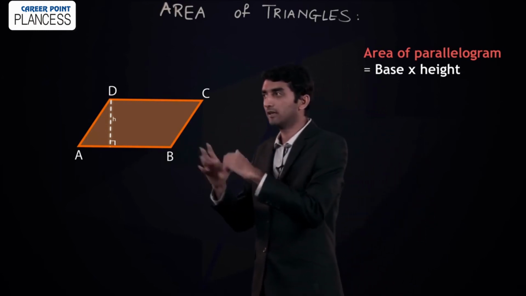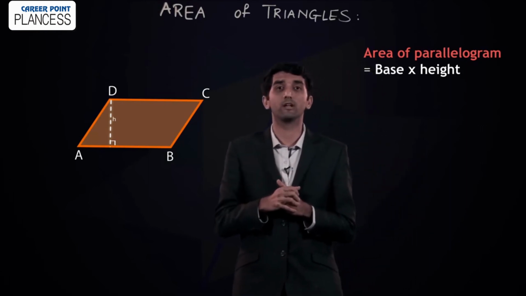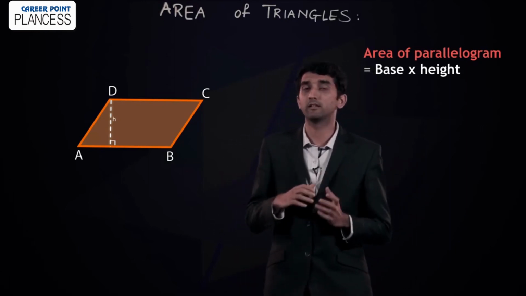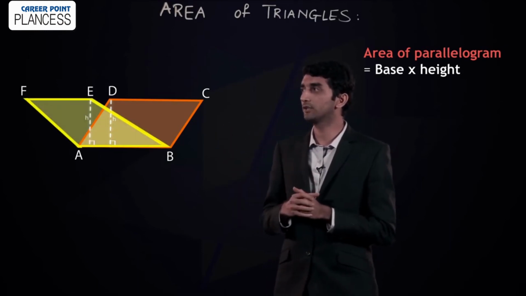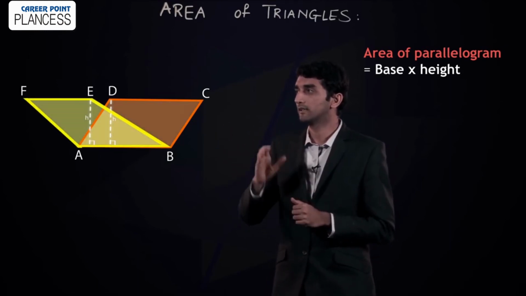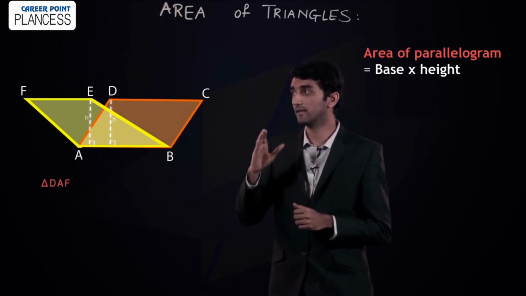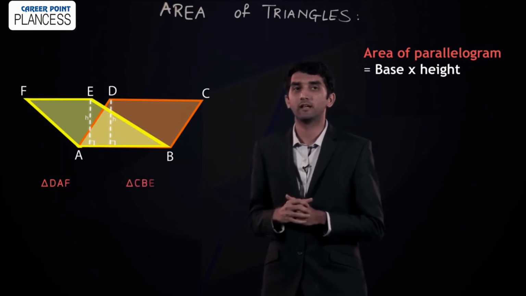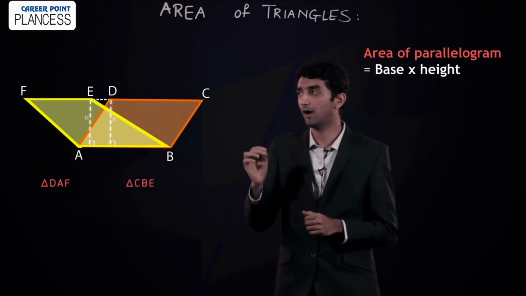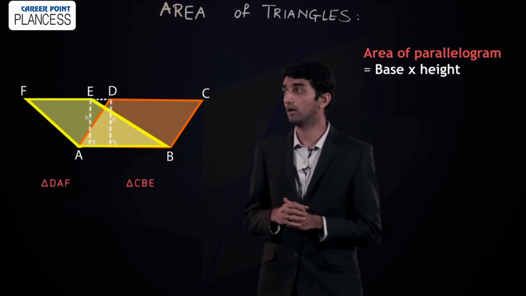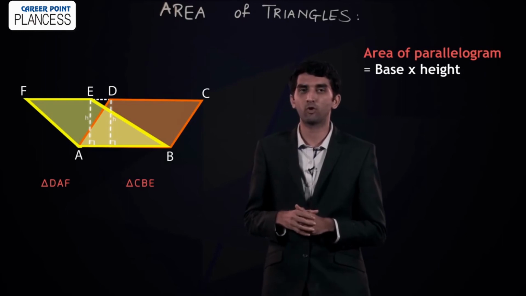Now for this particular case, we can look at this through a different perspective as well. We can bring in the two triangles. One is the triangle DAF, and the other triangle is the triangle CBE. We can prove these two triangles congruent by using the SAS test of congruency.